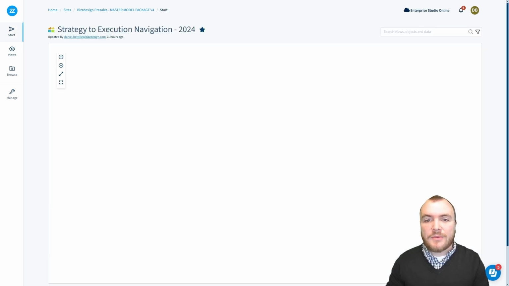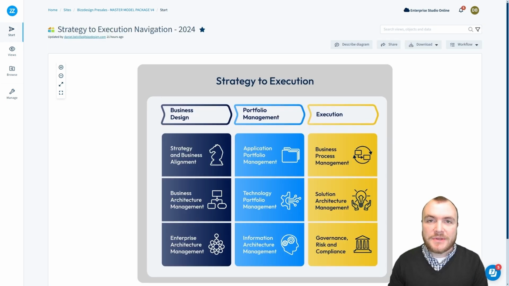If we back up, we have the portfolio management value stream, and this is where we're capturing what our applications look like, our technologies, and even the data that our organization is handling, ensuring that sensitive data is handled correctly.